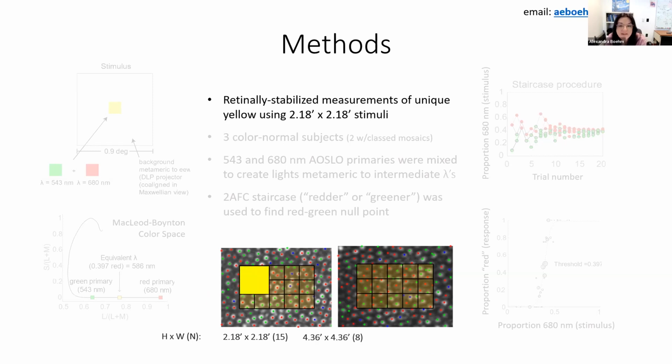So we tested 8 4x4 arc-minute stimuli, 3 6.5 by 6.5 arc-minute stimuli, and then 1 stimulus that covered the full area of this grid, encompassing all of the cones that were sampled by the smaller 2x2 arc-minute stimuli. And then, as I mentioned previously, we also measured unique yellow for stimuli that were about 1 by 1 degree, which covered the full raster scan of the AOSLO system.